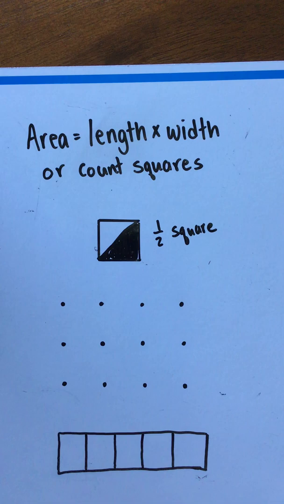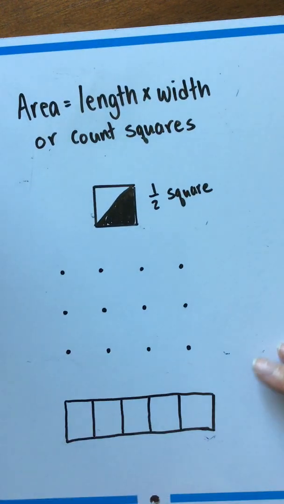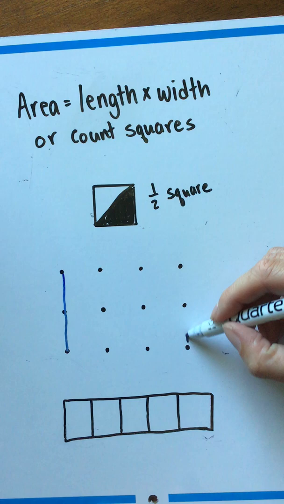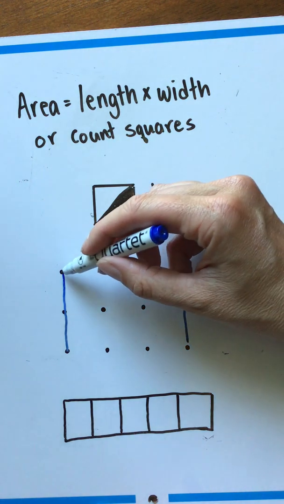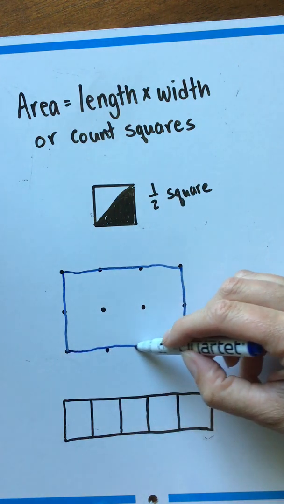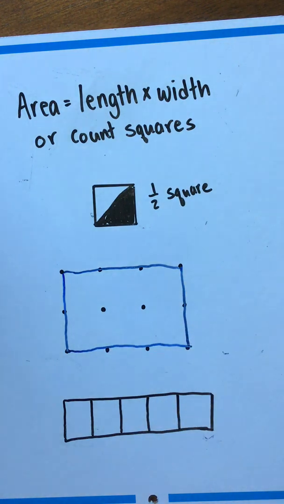But what if I don't have a square where the sides are the same length? What if I've got a rectangle? And you'll notice in your math book, sometimes they put these little dots in there to show you how to count the sides of our rectangle.